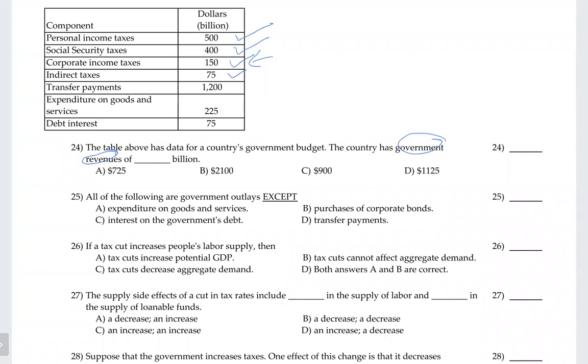We can add them together, so the answer is D. Here you can also calculate the government outlay, which includes here, here, and here. Those are what they need to spend. Finally, by comparing the revenue versus outlay, you can find out whether the government is running a surplus or a deficit.